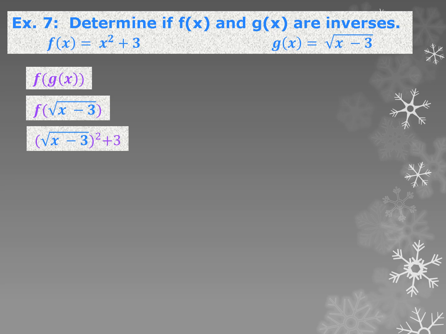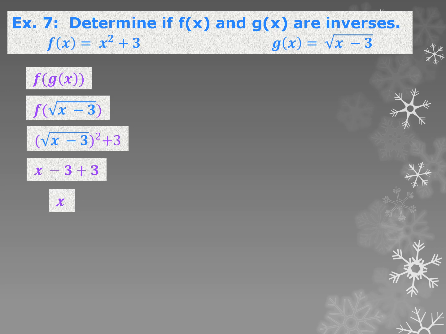Well, when you square the square root, you're left with x minus 3 plus that additional 3. Well, minus 3 plus 3 equals 0, cancels out, and I'm left with x. Perfect. Now, these are the exact steps I want to see. Do not try to shortchange the process.